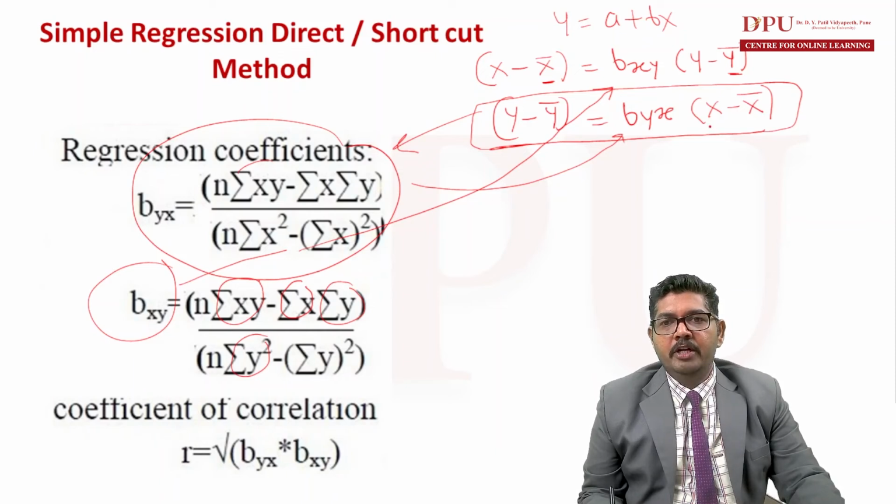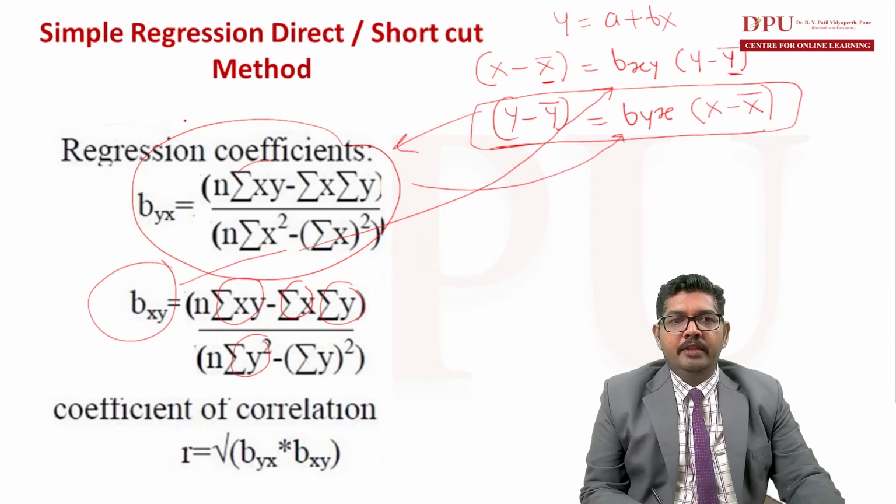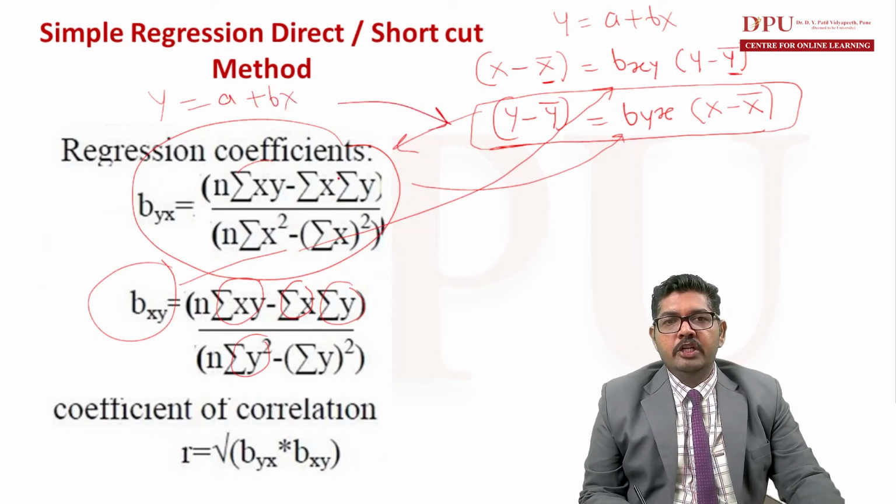In this case, the independent variable is x and the dependent variable is y. So this is the y on x equation. Whether you use the form y is equal to a plus bx, or you use this equation, the result will be the same. In the previous example also you can use this equation.